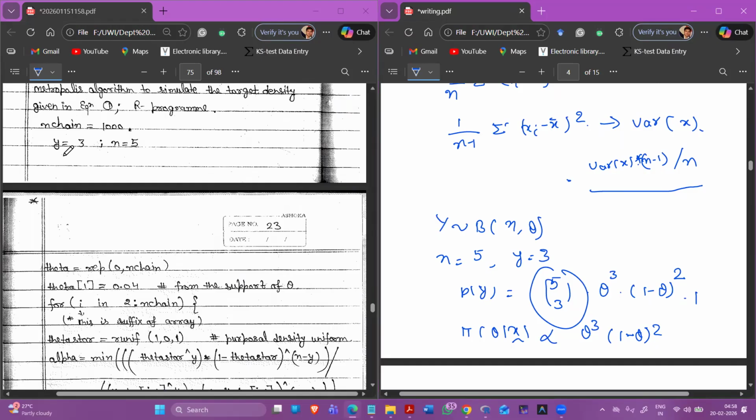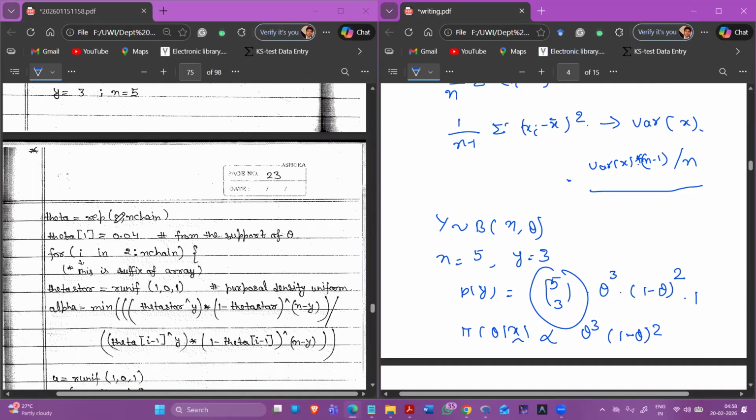After that I give y equals 3, n equals 5, and theta equals repeat 0 to n chain, that is the null vector again, and theta 1 equals 0.04, because theta lies between 0 and 1, as this is the probability of success.